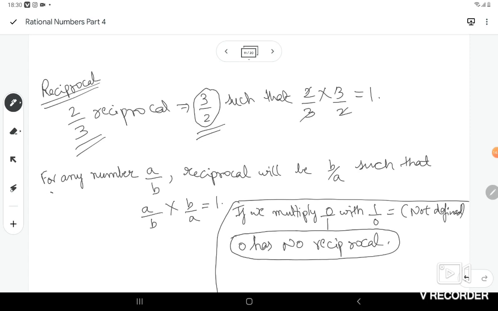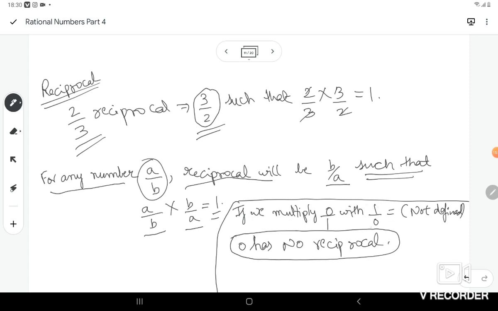In general, for any number a by b, the reciprocal will be b by a, such that a by b multiplied by b by a comes out to be equal to 1. Now there is an interesting fact here. If we multiply 0 with the reciprocal, what would we get?